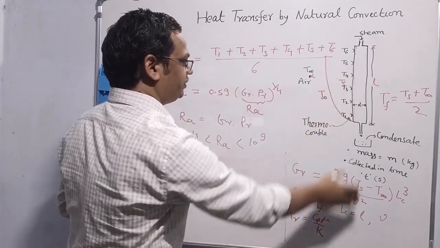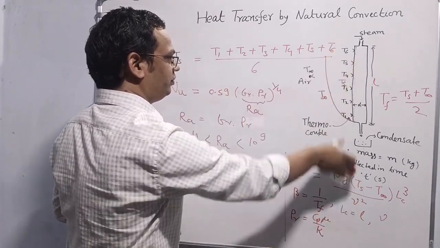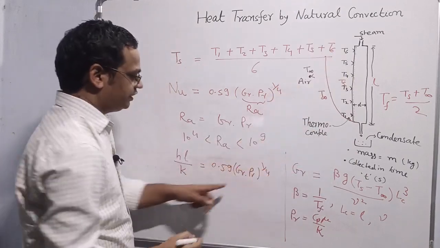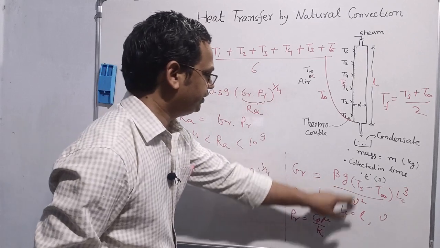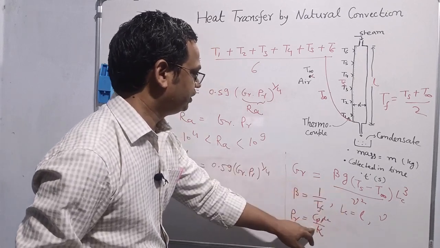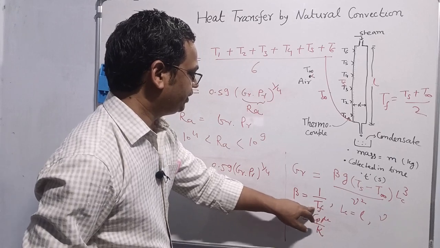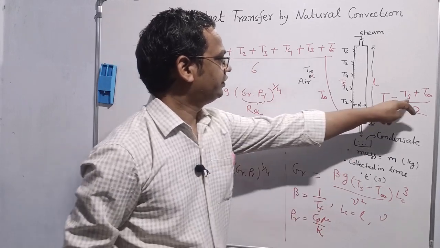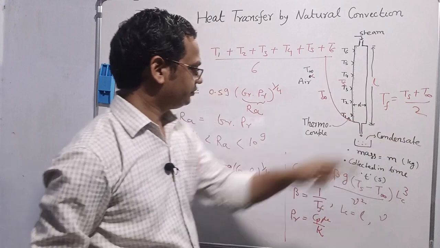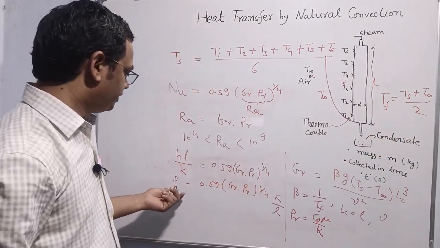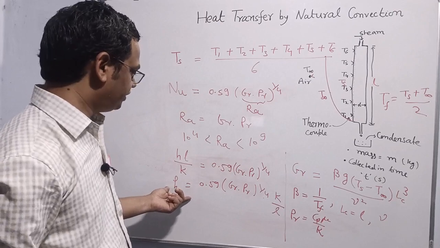Here buoyancy effect is working along the axis of the tube. Gr and Pr both are found from these expressions. All the fluid properties are considered at the film temperature, which is the average of surface and surrounding temperature. So we can compare this theoretical value to the experimental value.